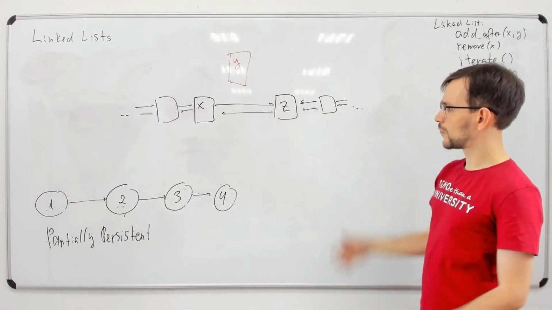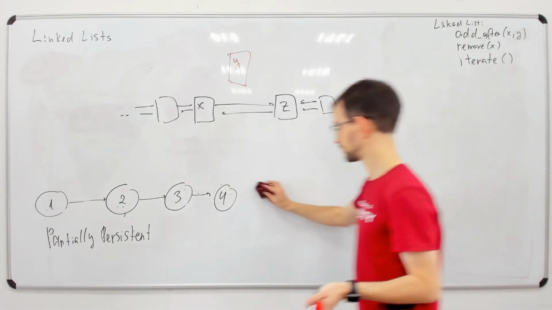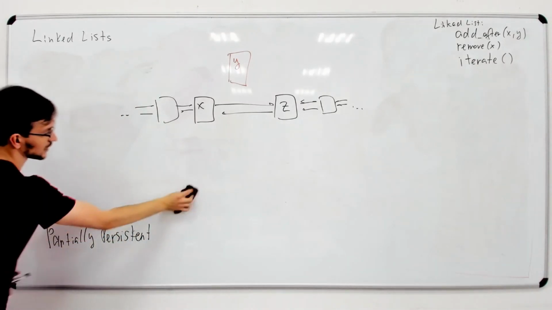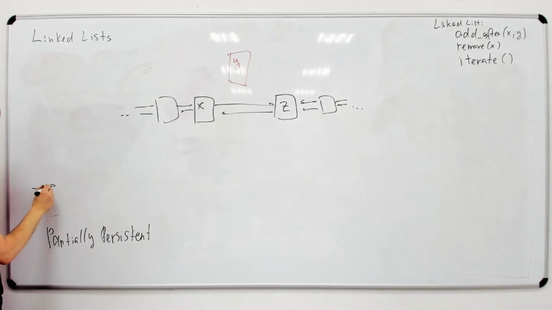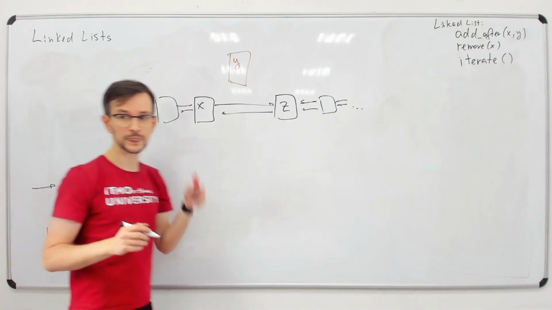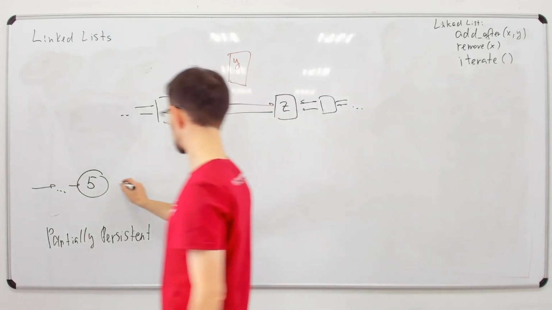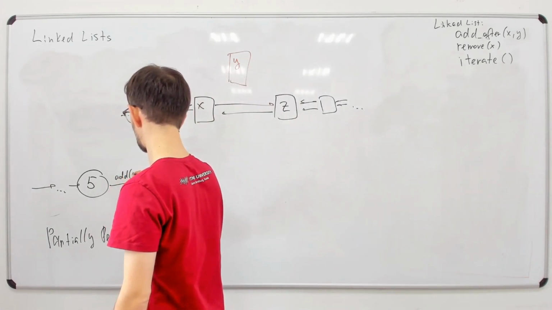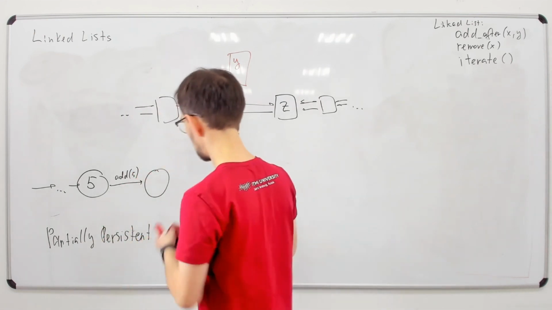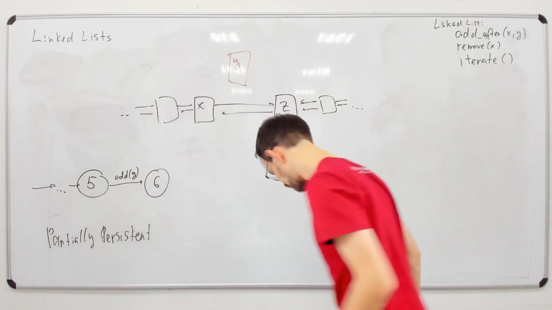Let's say now we have version 5. We have some previous versions, and our current situation is like this. This is version 5. And after we add element y, we will have version 6.